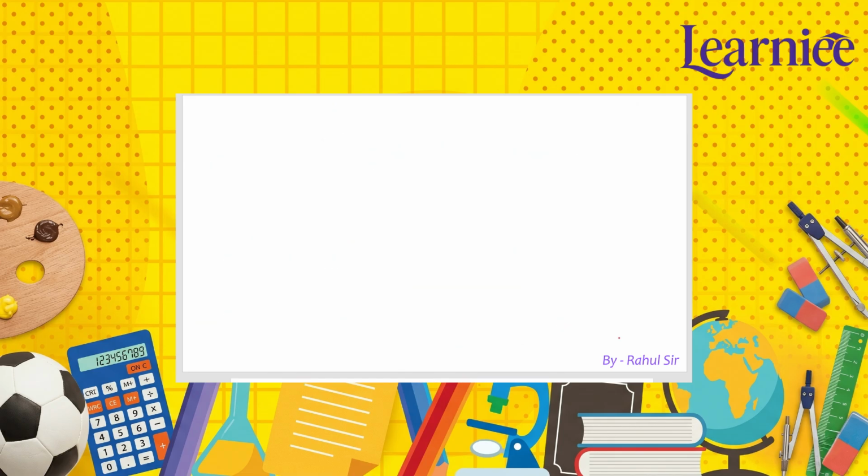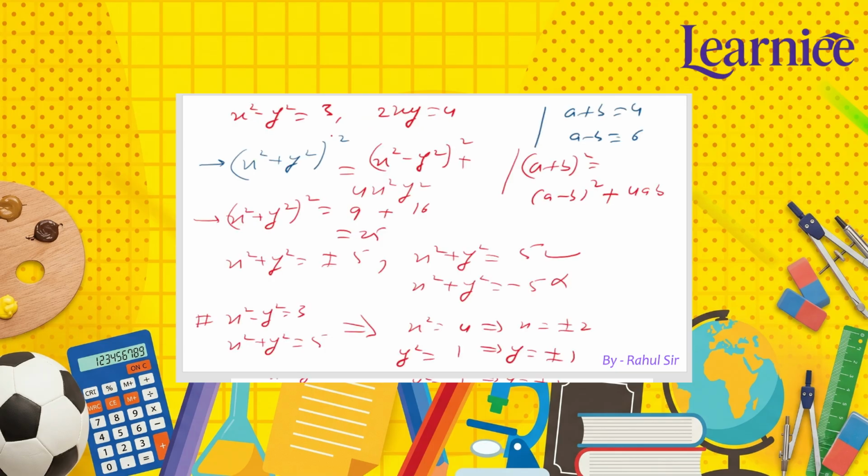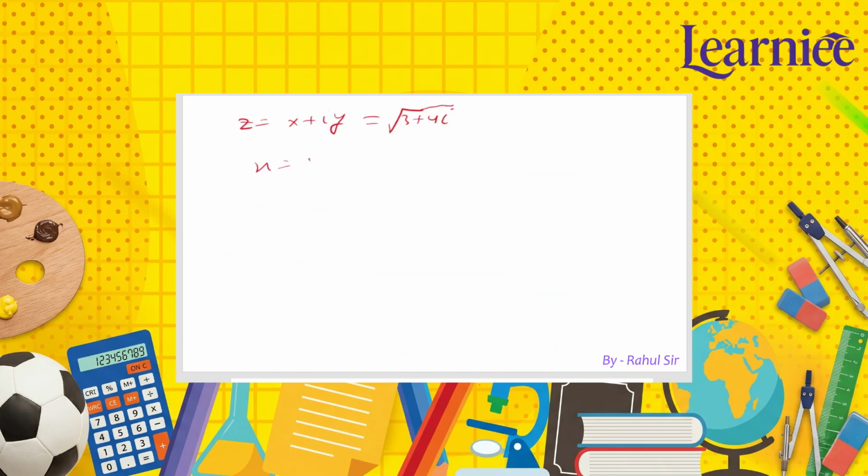Okay, so we are getting 4 answers. So essentially, z is equal to x plus iy, where we started with the square root of 3 plus 4i, and x is plus minus 2 and y is plus minus 1.